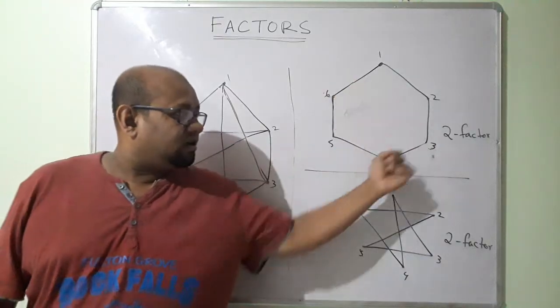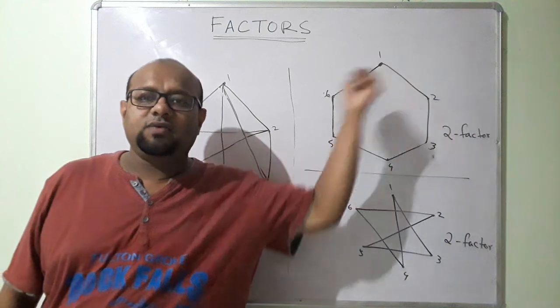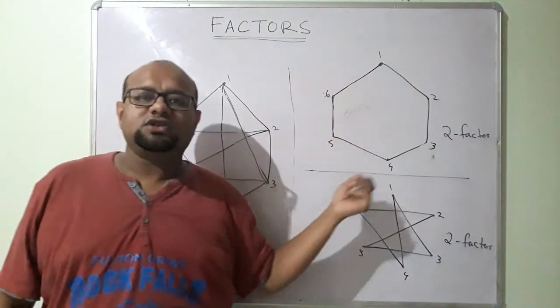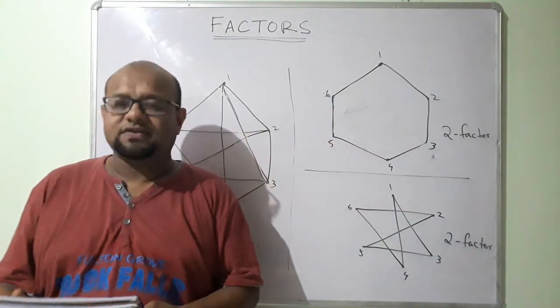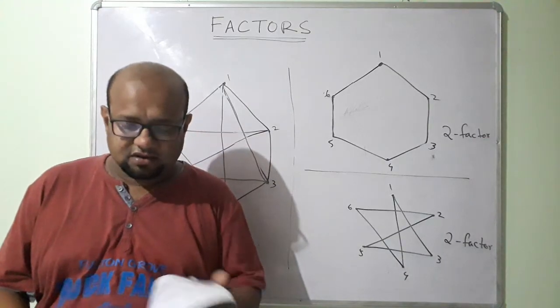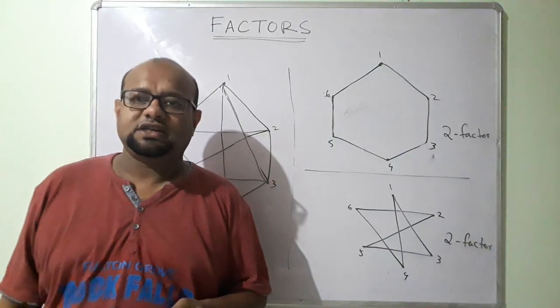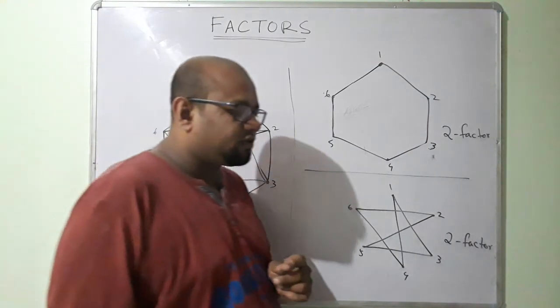Because all the original vertices are here, and in this cycle I will not take the same edge twice. So this is a cycle. Two factors will give us Hamiltonian cycles of that graph. So if a graph has a two factor, you will know that the graph has a Hamiltonian cycle, and we don't have any good algorithm to figure out if it has a Hamiltonian cycle. That is an NP complete problem.